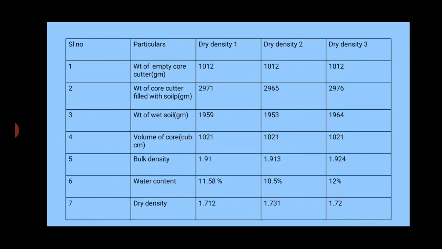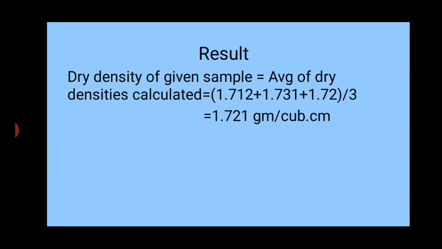In this way we repeated the process for 2 more determinations and recorded the corresponding values. So the average dry density of the 3 determinations is 1.721 gram per cubic centimeter. So 1.721 gram per cubic centimeter is the dry density of the soil sample taken from the field.